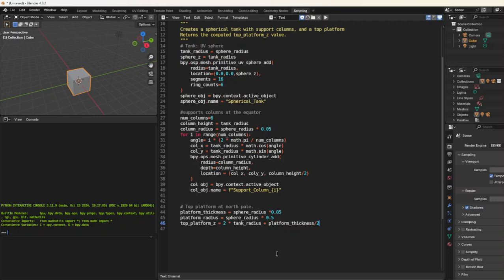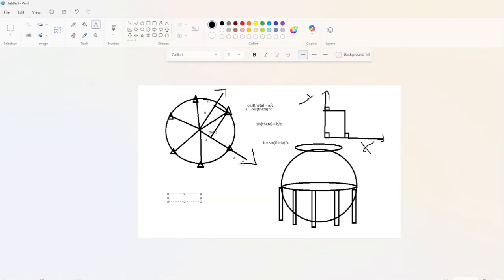However, top platform z is the height. So it's double the tank radius, because if you go over here, the tank radius is like this, which is kind of like this on this model. A better way to draw it in this context is this.